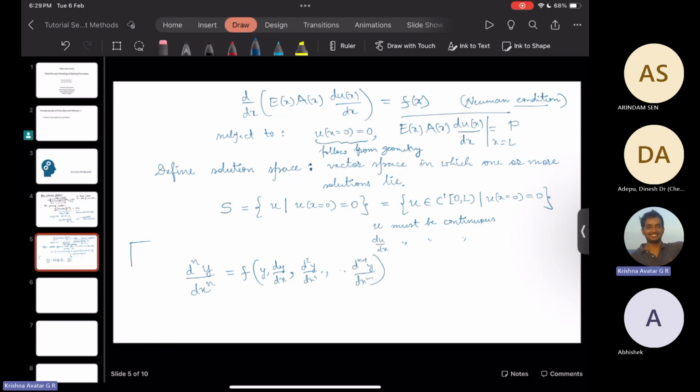So this is our differential equation which we need to solve. Now you may ask, which are the Dirichlet boundary conditions, and which are the Neumann boundary conditions? For this equation to be well posed, we require n boundary conditions.